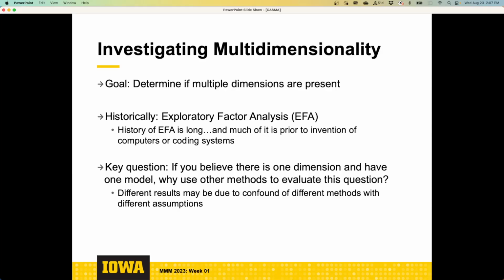The bigger thought is, if you believe there's one dimension and you have one model, why do you use a different method? This is why model fit, by the way, shows up first, right? Would you prefer, let me ask you this, and you've probably seen this before, probably done it before: how many of you have said, okay, I built an assessment, I'm going to use a unidimensional model to score it, but I'm going to use PCA to figure out how many dimensions are in it?